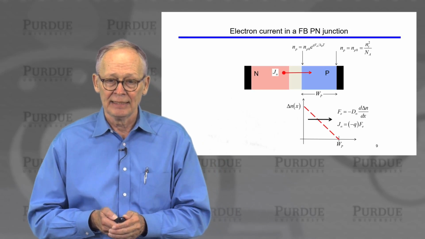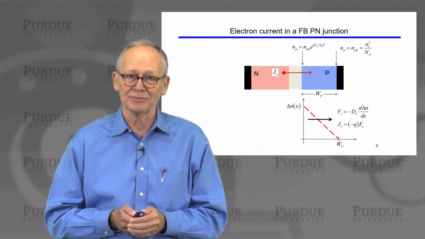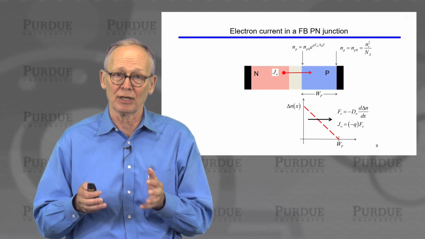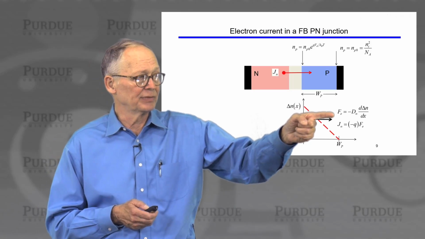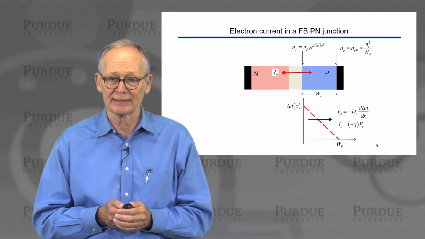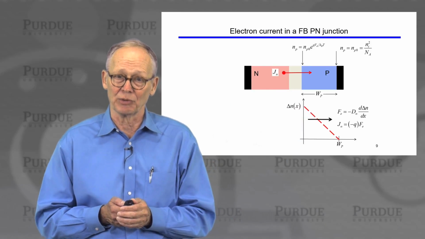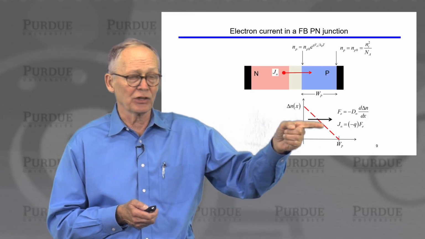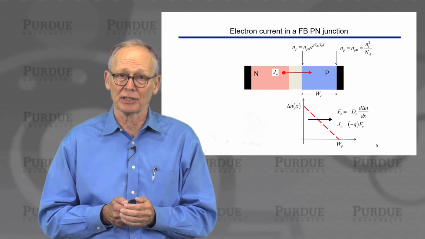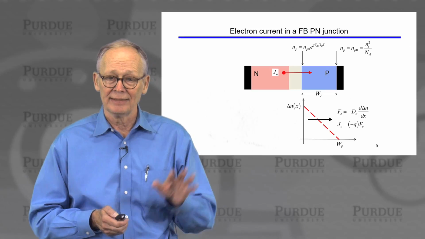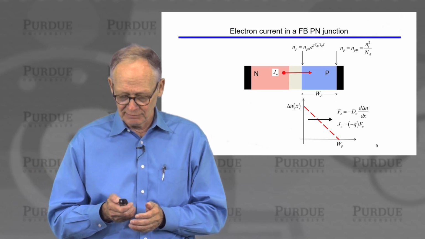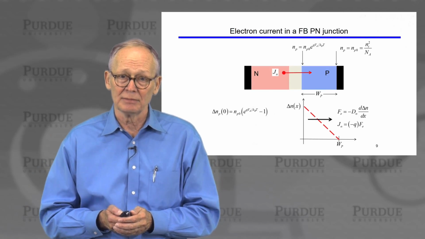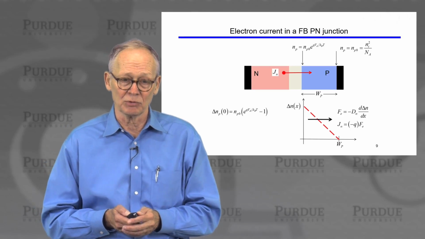The flux of electrons is given by Fick's law of diffusion: minus the diffusion coefficient of electrons times the concentration gradient. The current then is just the charge on an electron, minus Q, times the flux of electrons. So we can very simply then see what the electron current will be.